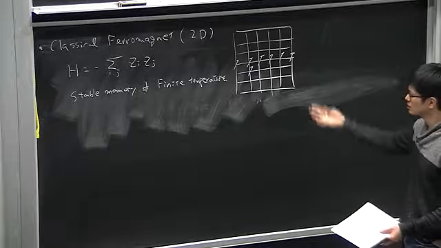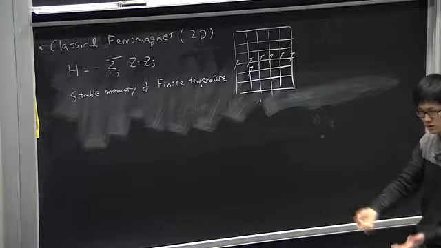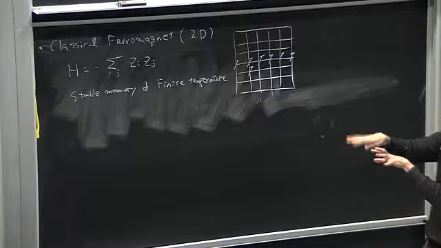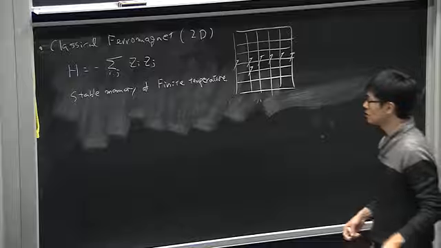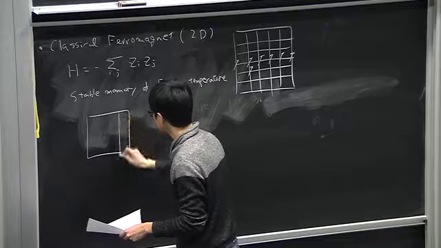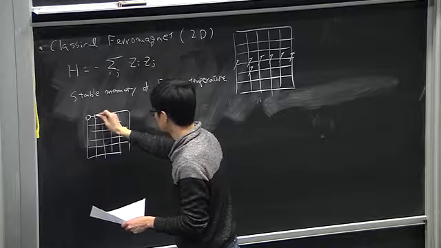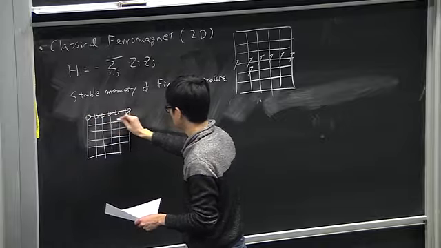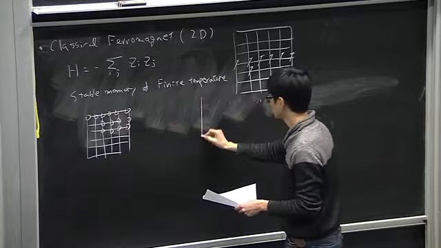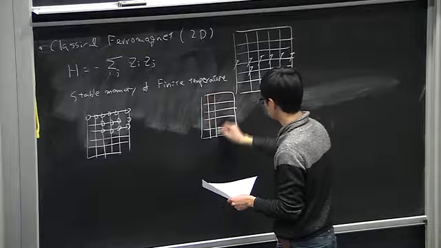But imagine that we put this system of classical ferromagnet in contact with some thermal bath, like this room. Then you will go to some excited states. But the point here is that one of the code words is all zero state, the ground state, and the other code word is all one state.